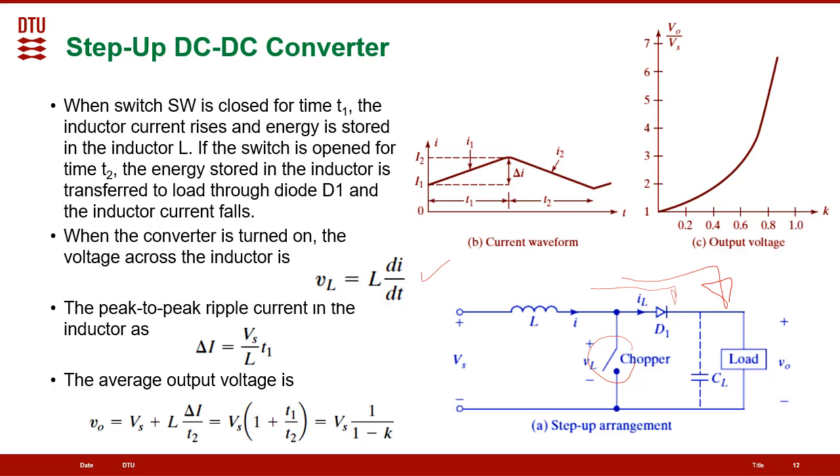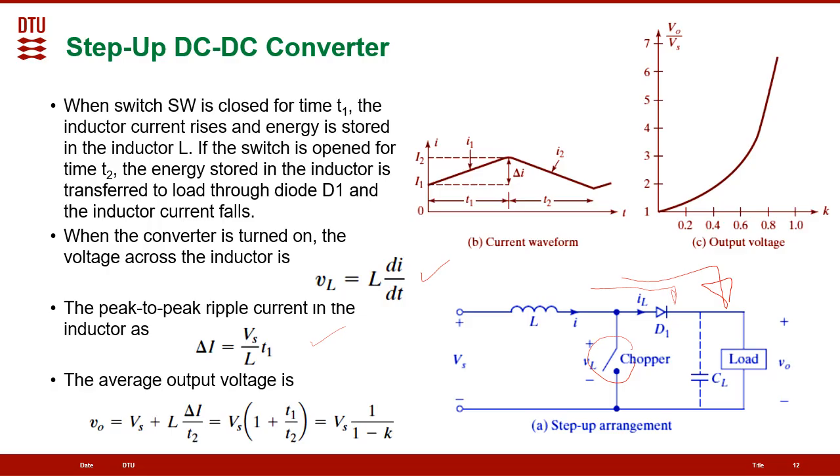This gives us the change in the current, and the output voltage will equal Vs plus VL, where VL equals L dI over T2, because this happens during the off time.